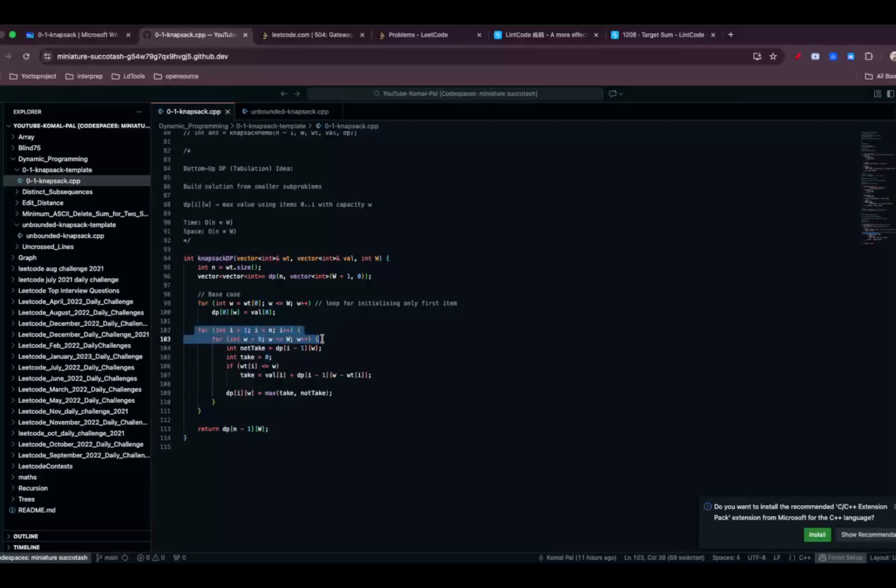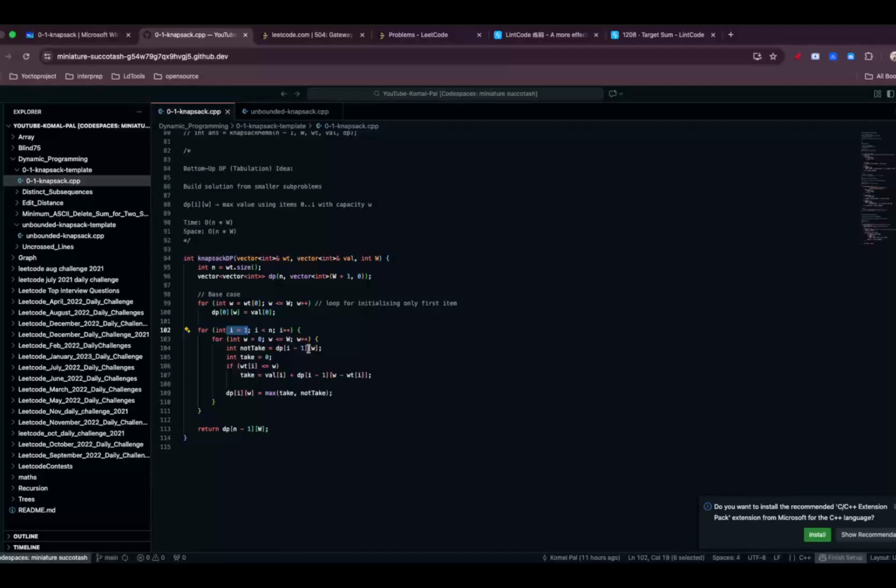So here also, if you see, the main logic of this is, till n weight, until the maximum capacity. We have already filled the zeroth index, so that's why we are starting from I equals 1 rather than I equals 0. Another reason is that we will be taking the previous ones also, and we have initialized the first one, I equals 0.